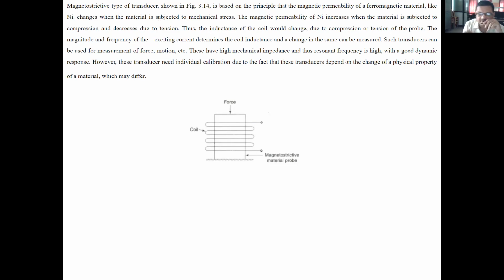Therefore, this magnetic permeability will change. If a force is applied, there will be stress induced in this material depending upon its cross-sectional area, and due to the change in mechanical stress, there will be a change in the output voltage.